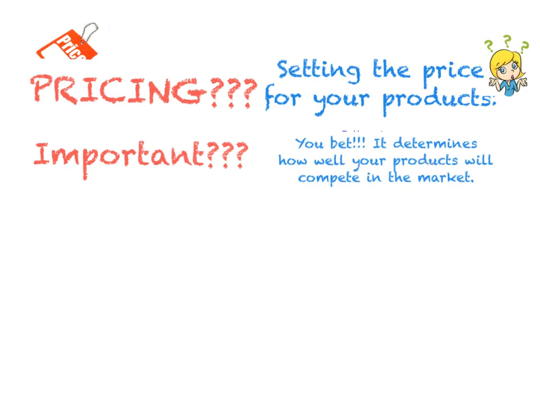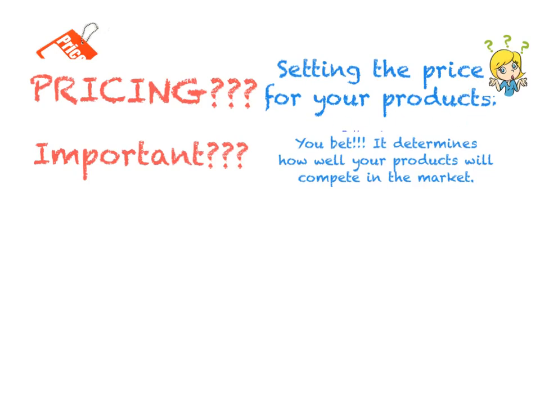Competitors might use different technology, might use different materials and so on. So the cost of our product will be different from theirs. That is why we must have our own strategy to set the price for our products.